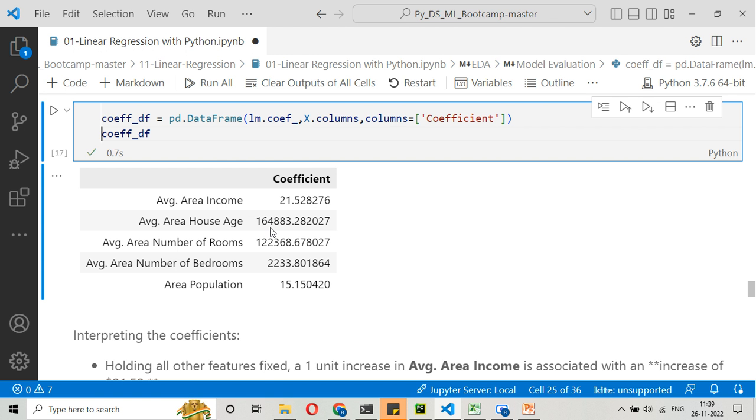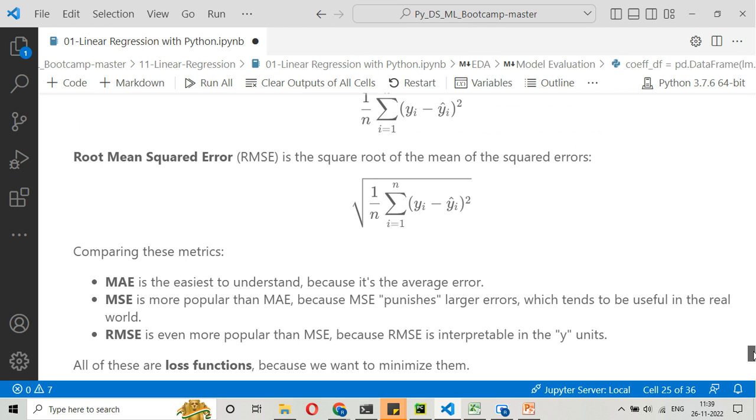Meaning your 5 year old house is now 4 years old, so it will have this value. If the number of rooms increases, then you will have a gain of about 1,22,000 dollars, something like this. I will share this, you can read and rerun and try to understand more.